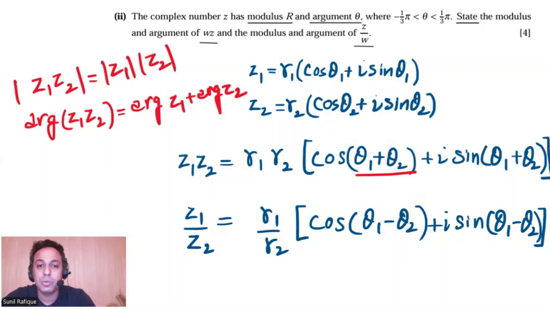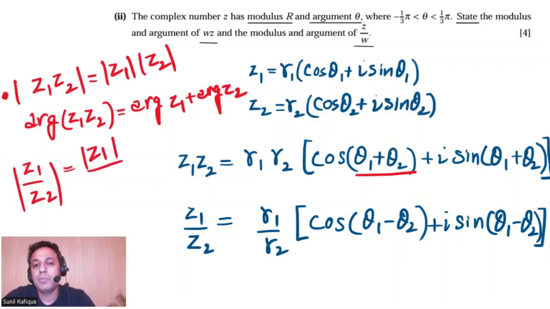That's the reason. So I can write the other important result for you too. Z1 over Z2. If you want to find the modulus of this, it is going to be the fraction of individual moduli like r1 and r2.